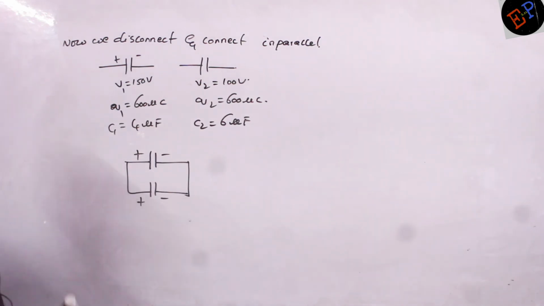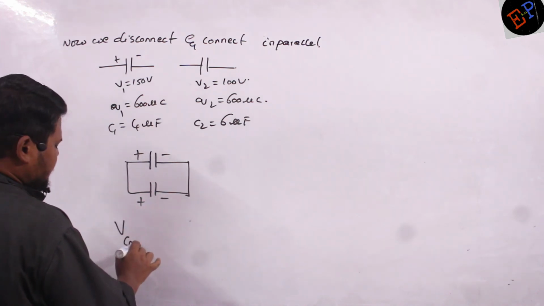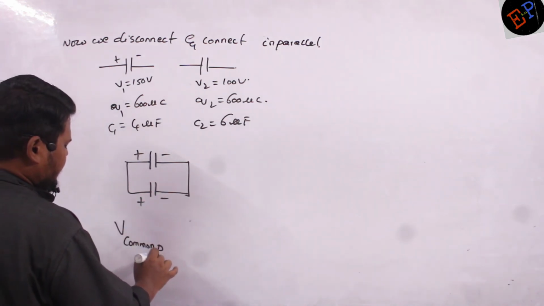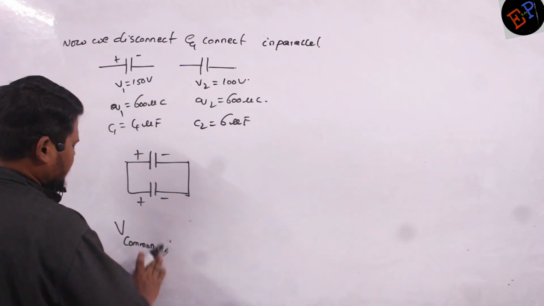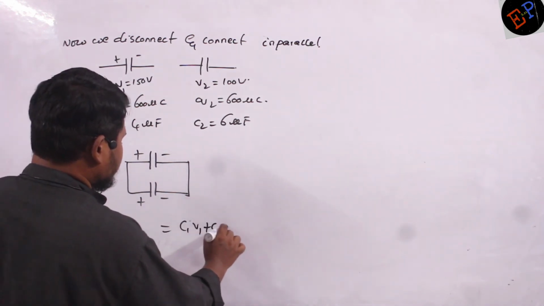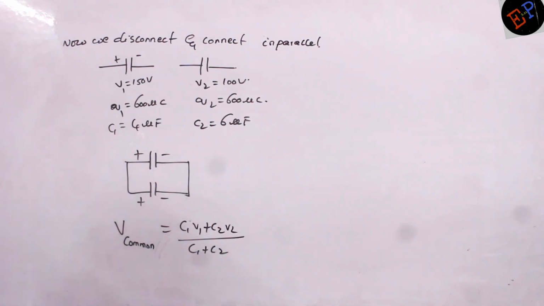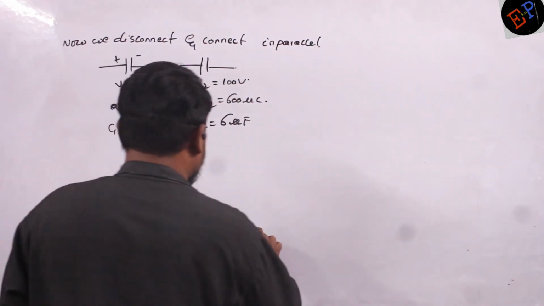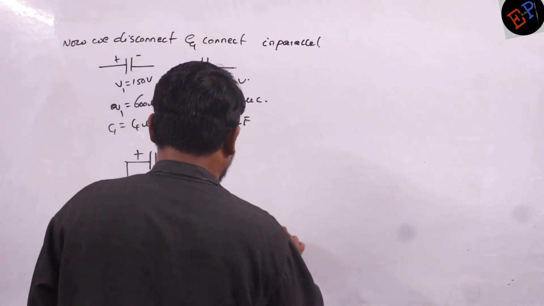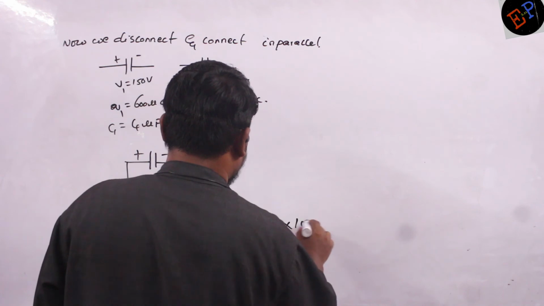So can't I calculate a common potential? After connection, charges will redistribute, no? So what is the common potential? Common potential is equal to C1V1 plus C2V2 divided by C1 plus C2. So what is the capacitance of the first capacitor? 4 multiplied by potential 150.